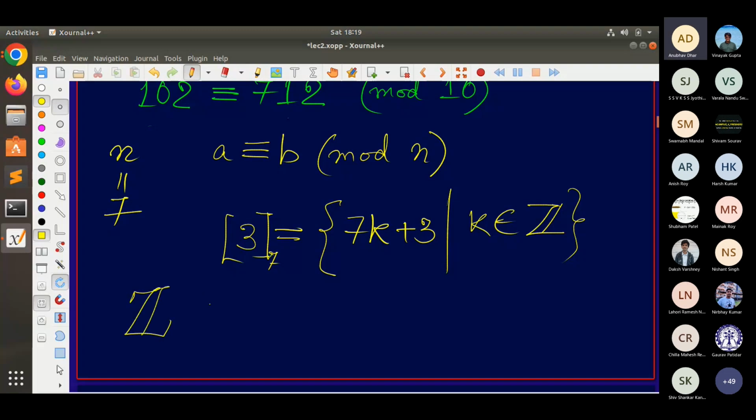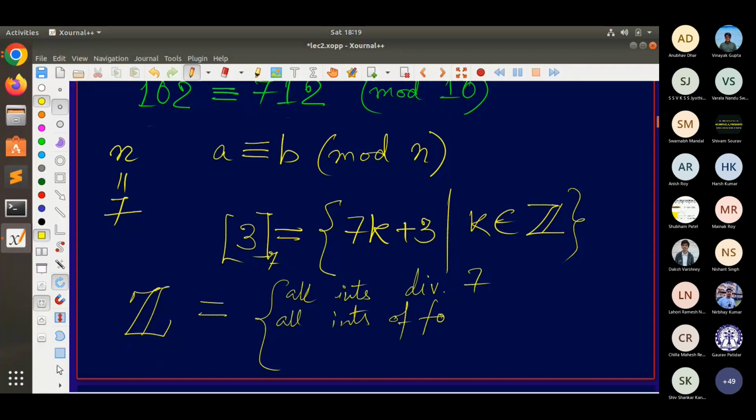For example, if you have 7, you can partition into all integers of the form 7k, all integers of the form 7k plus 1, 7k plus 2, and so on, up to 7k plus 6. So this entire thing gives you the entire set of integers. For any integer you take, you can place it in exactly one of these sets, right?